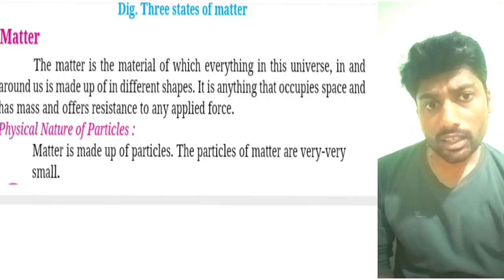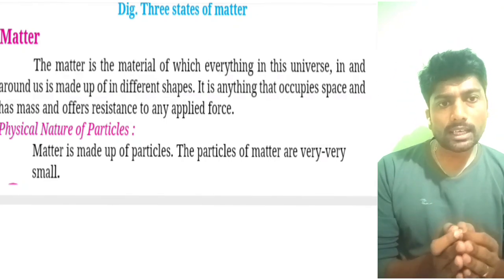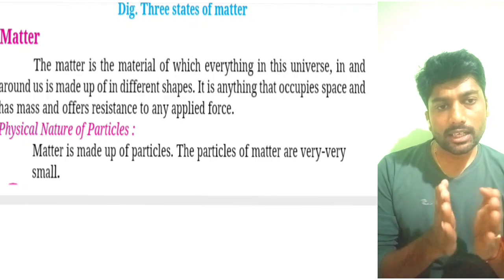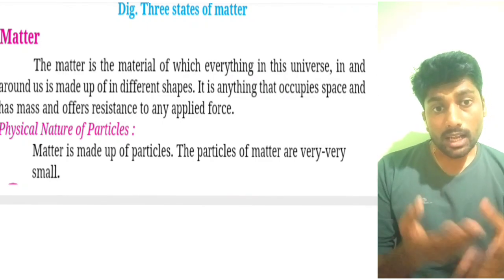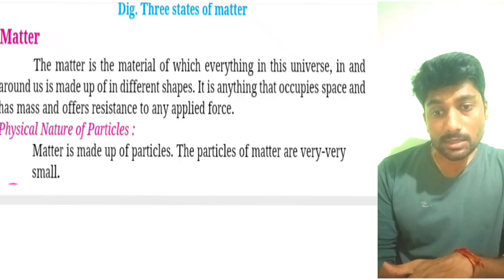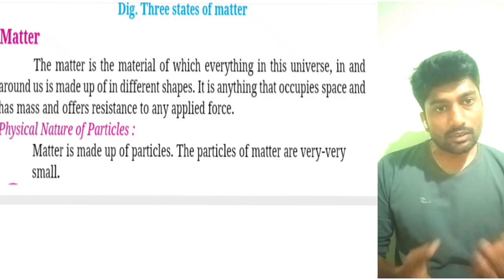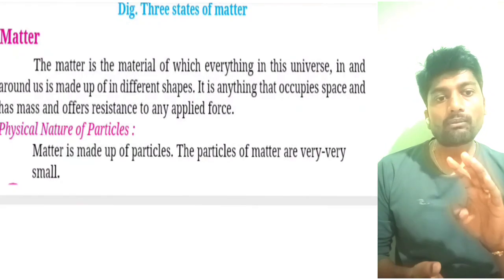Whatever things you take as examples, everything has a particular mass, a particular size, a particular weight, and it occupies exact space. For example, our geometry box can hold only four pens.